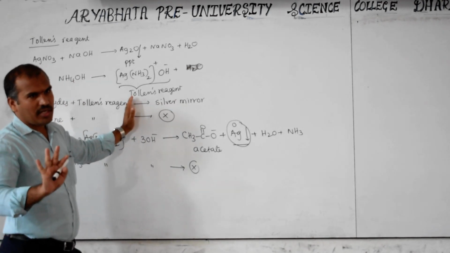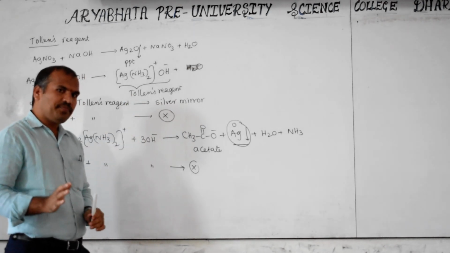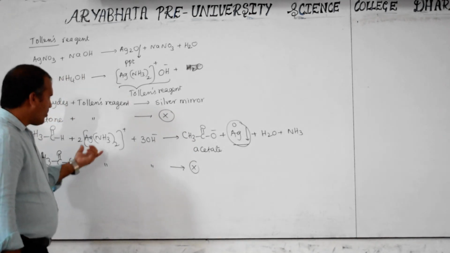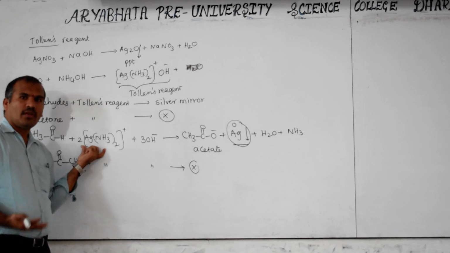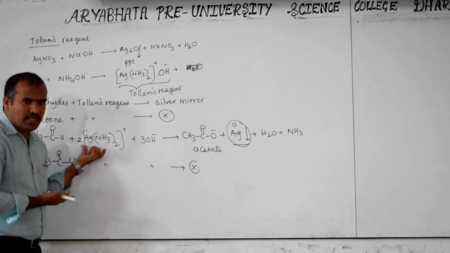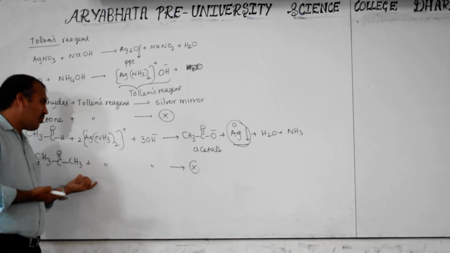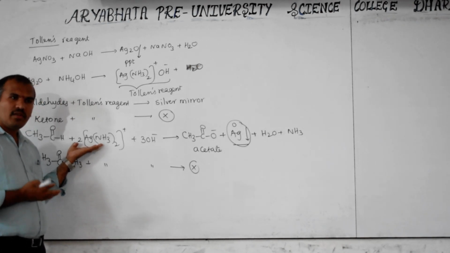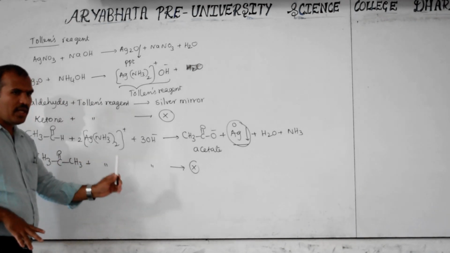But at normal conditions, ketone is not oxidized even by KMnO4 and K2Cr2O7. Tollens reagent is a mild oxidizing agent. Even strong ones do not oxidize at normal conditions, only at high temperature. So it is not possible with a mild oxidizing agent at normal conditions. That's why there is no reaction.